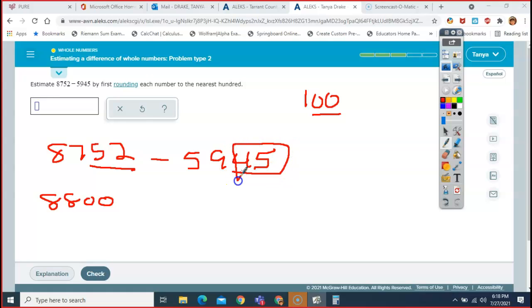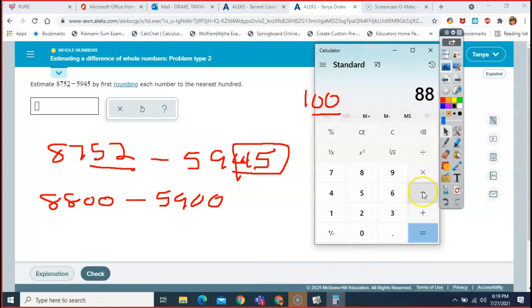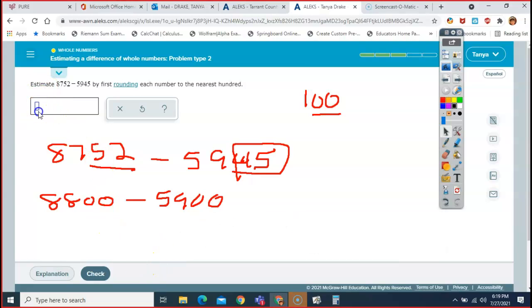Since this is a 4, this becomes minus 59. All right, and then you're just going to do 88 minus 59. Oh, here we go. Never mind. 88 minus 59. And we get 2,900. And we're good to go.